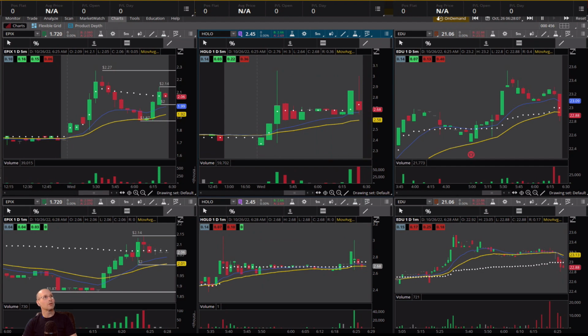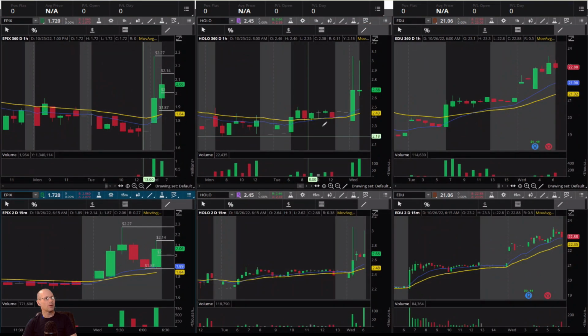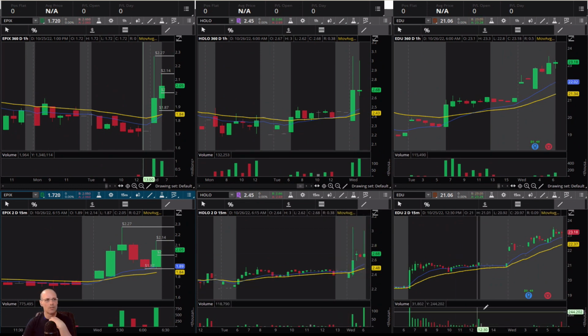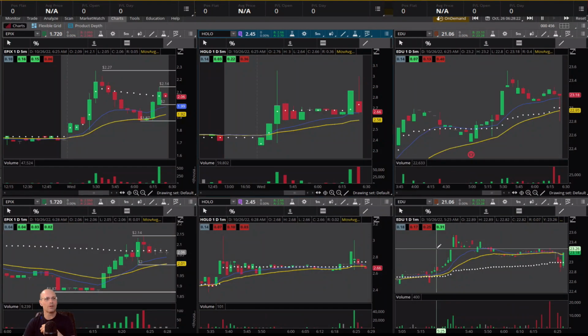What do we look like on the larger time frames? That's just an inside bar on the hourly time frame here. It's hard to know what to do with this kind of price action that we're seeing. Stair stepping up on the 15-minute, but really light on volume. You can see we're missing some candle data, and that's what happens when we're light on volume, especially on the 5-minute and on the 1-minute.